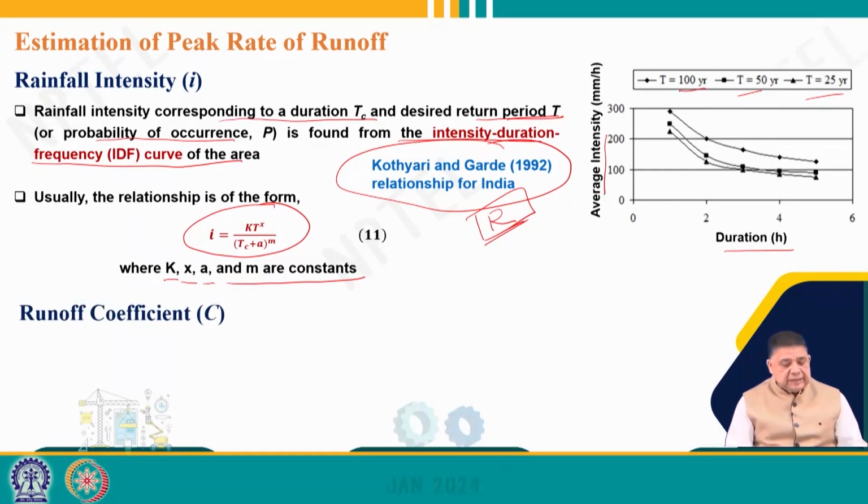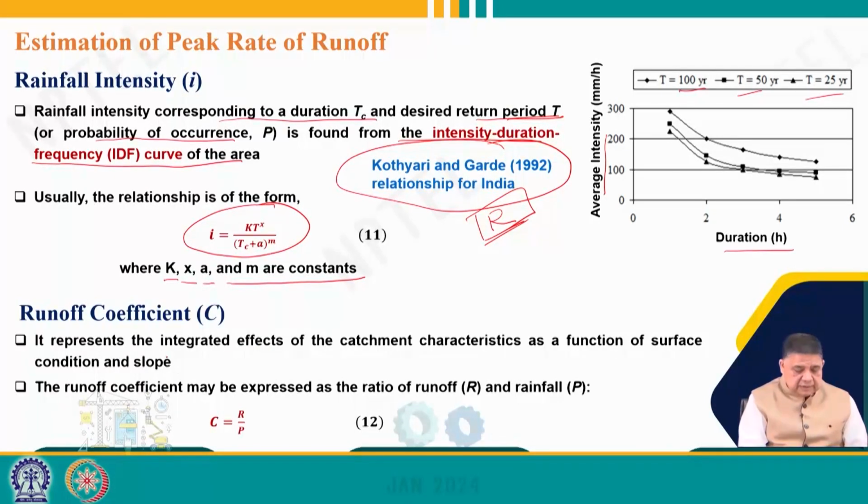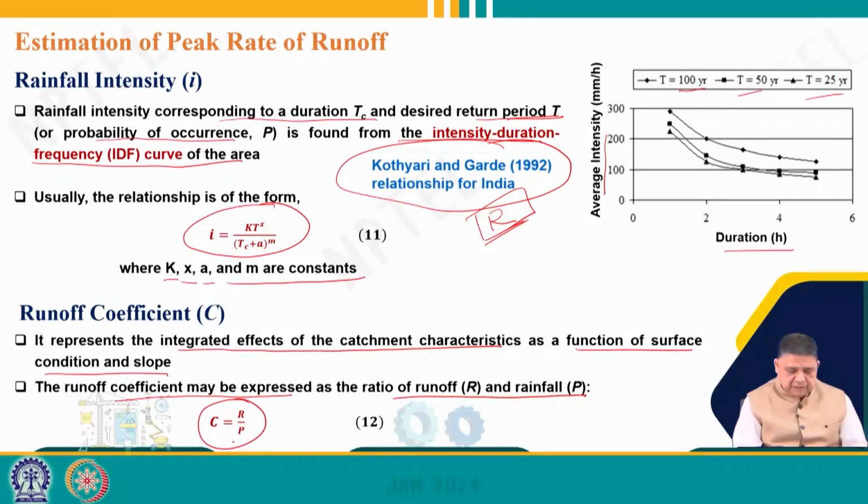Then comes the runoff coefficient C. This runoff coefficient represents the integrated effect of catchment characteristics as a function of surface condition and slope. The runoff coefficient may be expressed as the ratio of runoff and rainfall, that is C equals R by P. If we know the rainfall and the runoff, it basically tells us, in simpler terms, what percentage of rainfall gets converted into runoff.